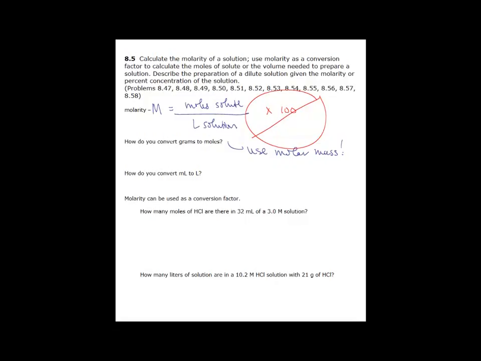You get that from the periodic table. So if you're given a certain quantity in grams, that's your starting quantity. To use the molar mass to convert from grams to moles, you're going to divide by the molar mass.